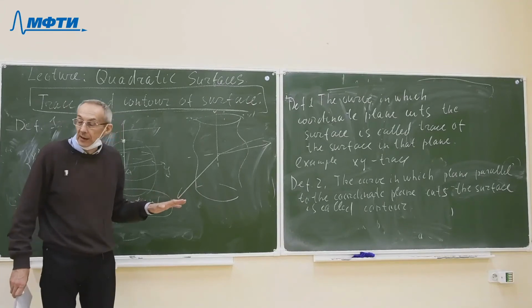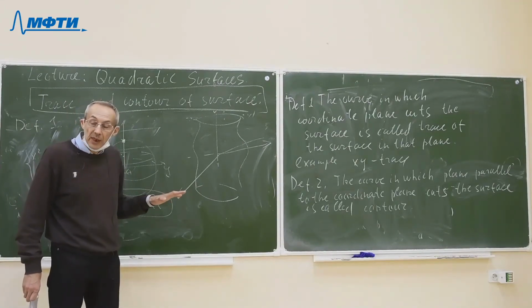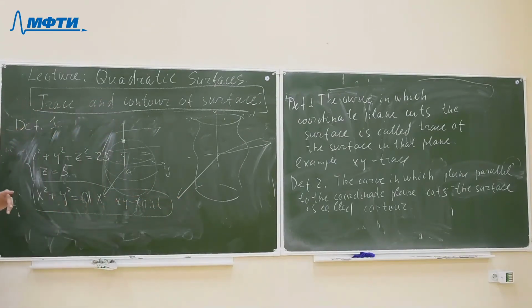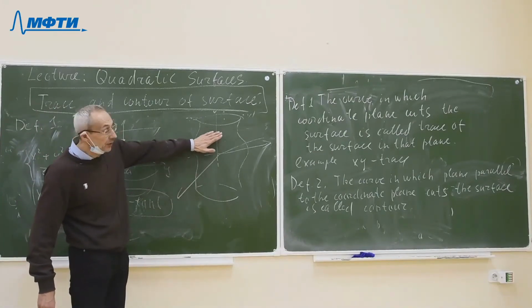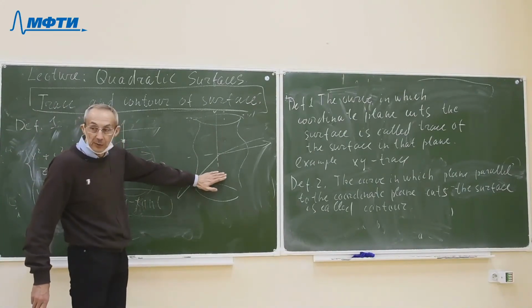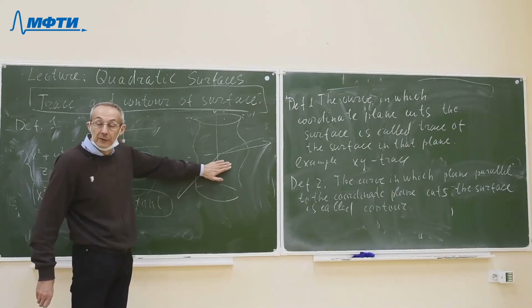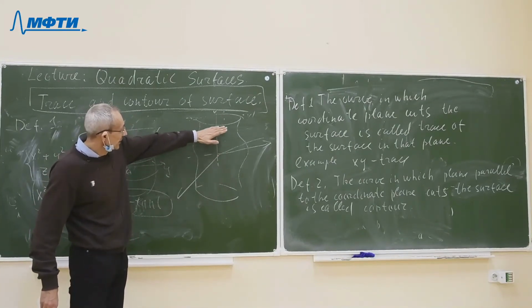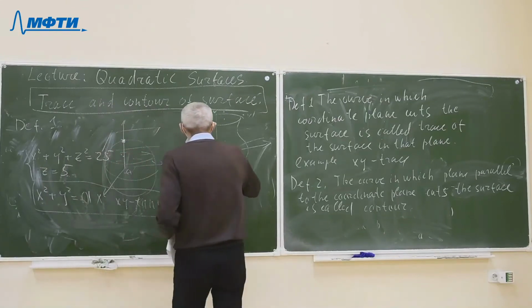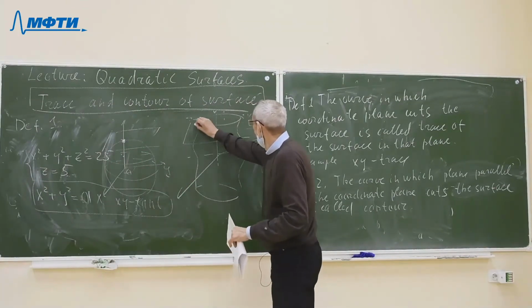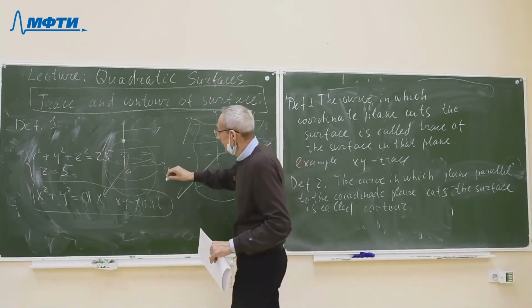We have infinitely many planes parallel to the coordinate plane. We can shift it, moving the coordinate plane parallel to itself, and we cut many contours.